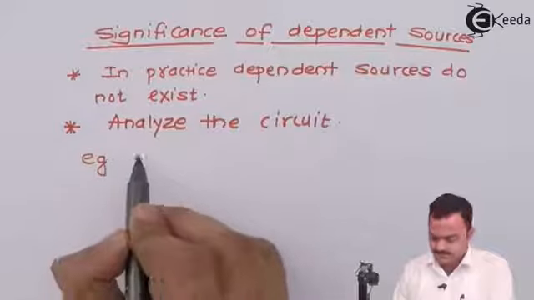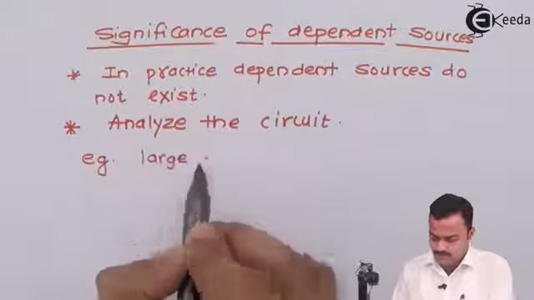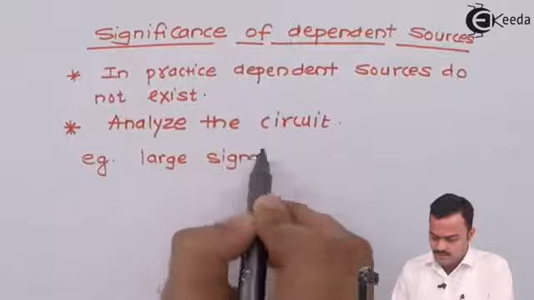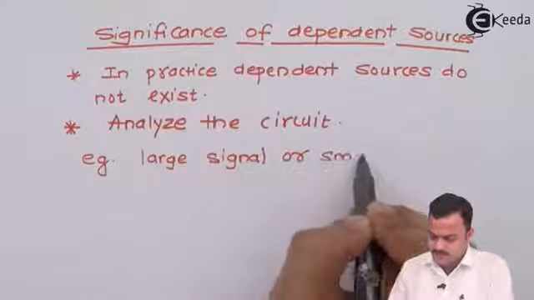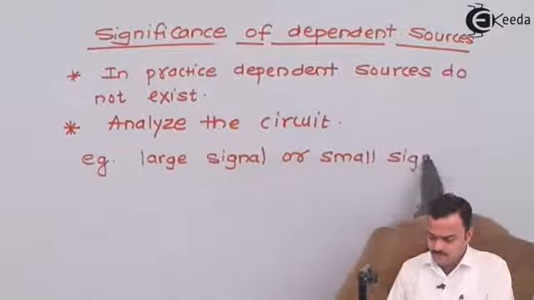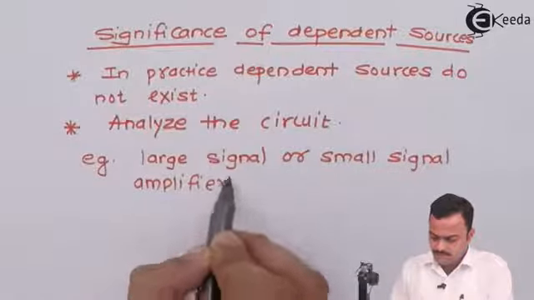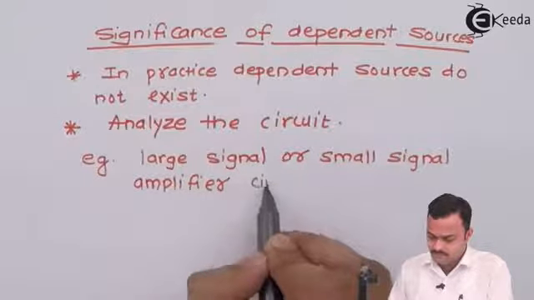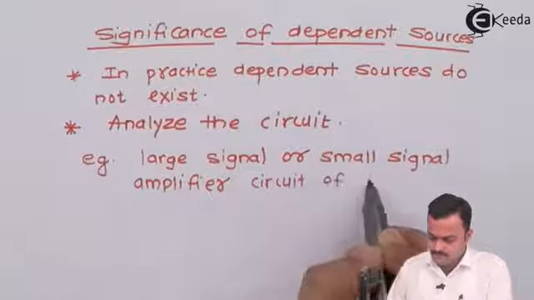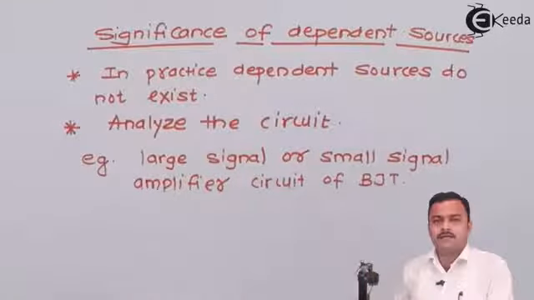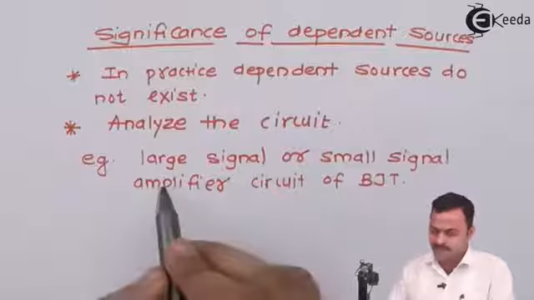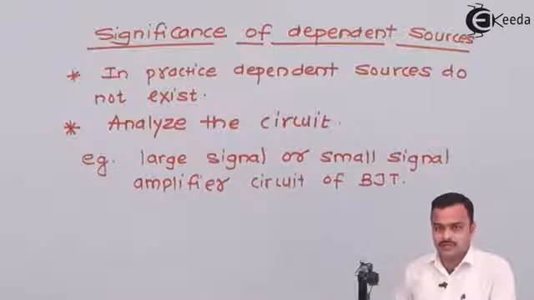So the best example is large signal or small signal amplifier analysis of BJT, where the whole concept of base current, collector current, base emitter voltage, collector emitter voltage, transconductance, and input impedance, everything can be represented with the help of dependent sources.